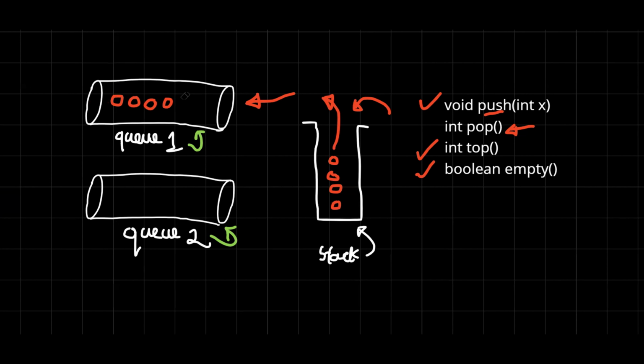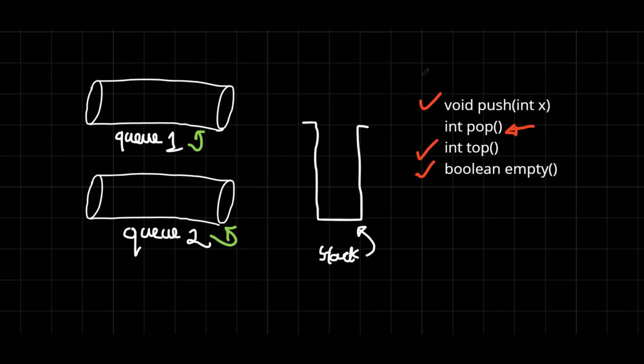Now let us implement the push mechanism in the stack. Suppose in the push mechanism, we are given an integer x. Now we have to add this integer x into the queue. So this is simple.